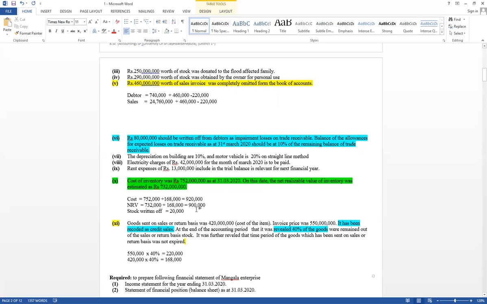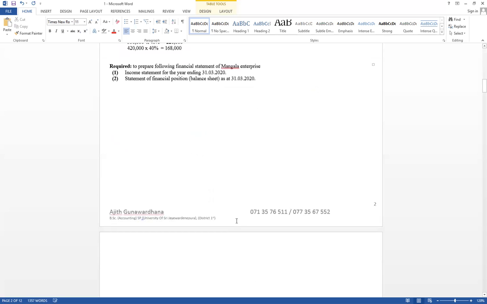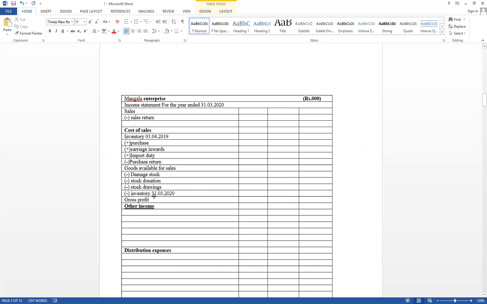There are 3 marks available. Based on the matching concept, cost value should be included under the cost of sales calculation, and the lower amount equals 900,000. Therefore, the lower amount, based on the prudence concept, goes under current assets, and stock written off equals 20,000. Then disclose in the financial statement as closing inventory. Second column, cost value 920,000.